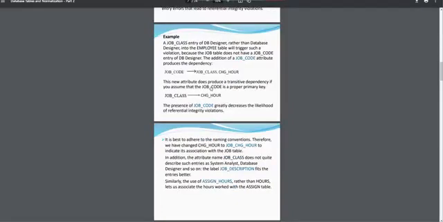These are some explanations regarding eliminating transitive dependencies.